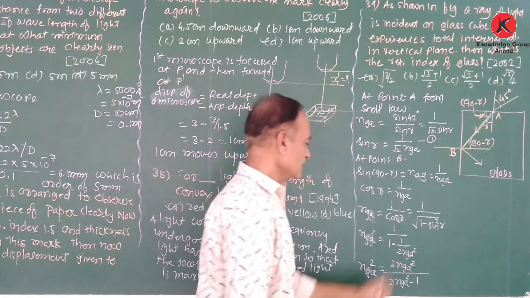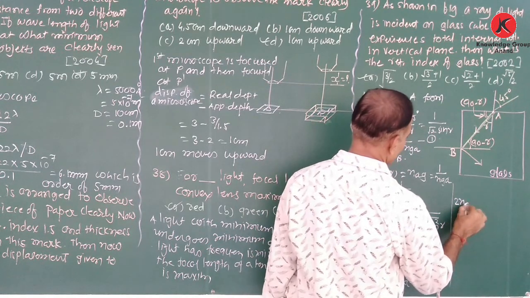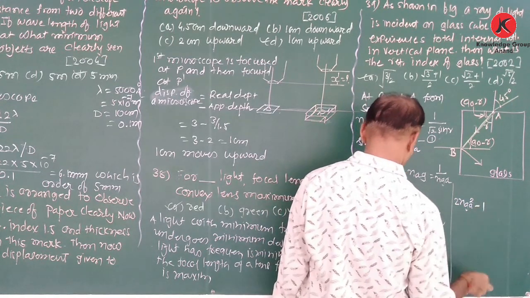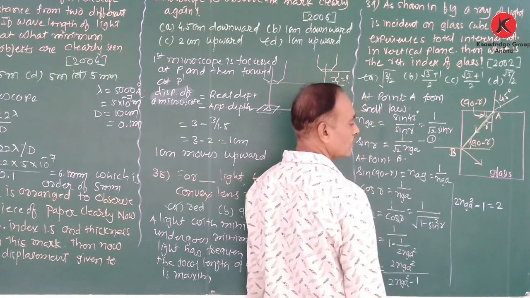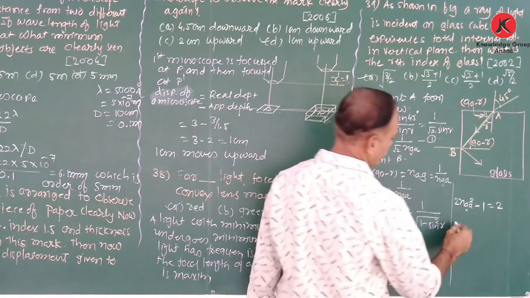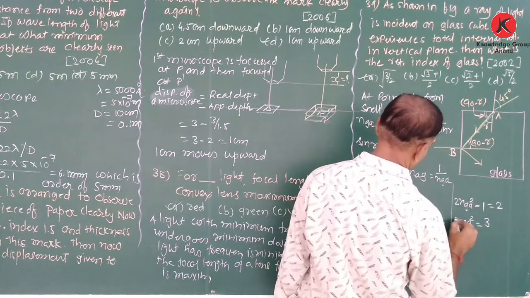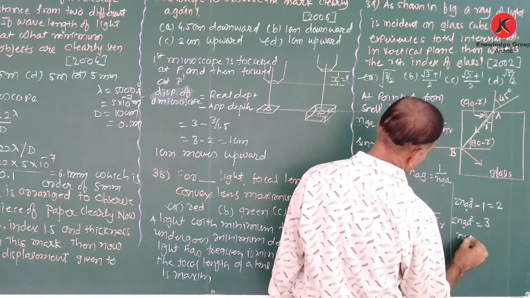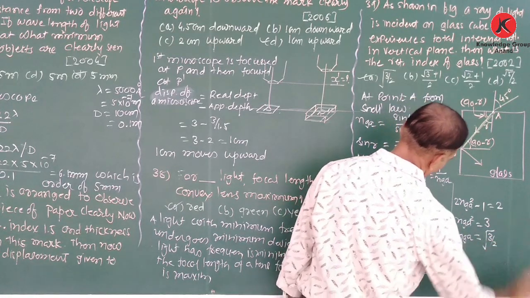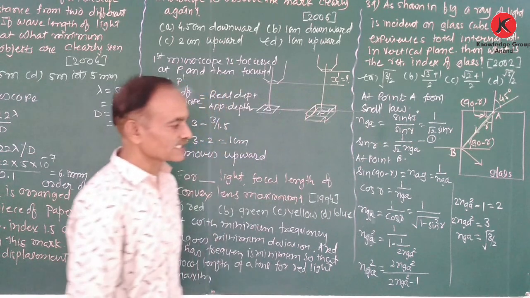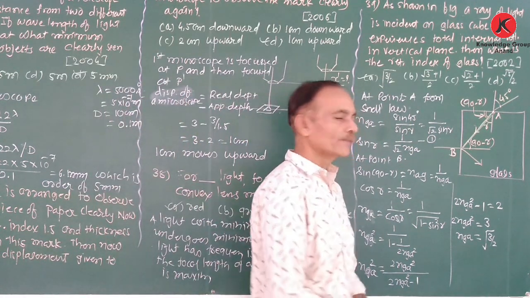So the NGA square cancels. Therefore, 2 NGA square minus 1 is equal to 2. Therefore, NGA square is equal to 3. Therefore, NGA is equal to root 3 by 2. Therefore, the refractive index of a glass slab with respect to the air medium is root 3 by 2.